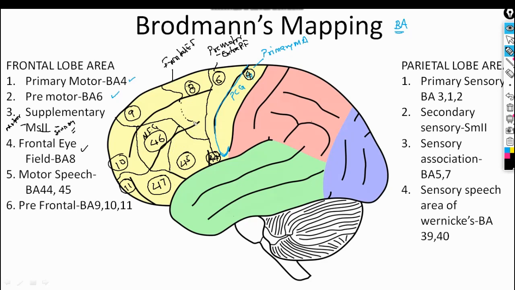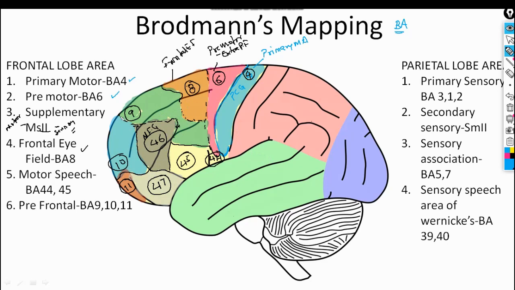Now we can see all these areas. I'm going to highlight all these areas; you can see this just after this. Now we can clearly see all the Brodmann's areas in the frontal lobe, clearly demarcated with different colors.